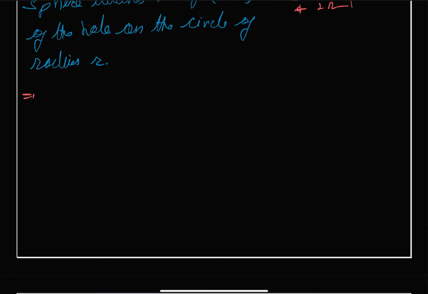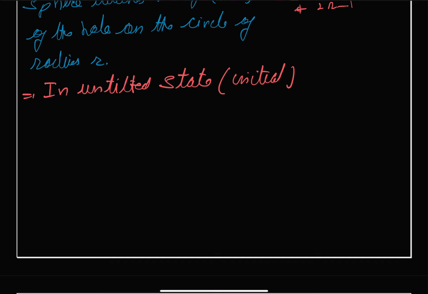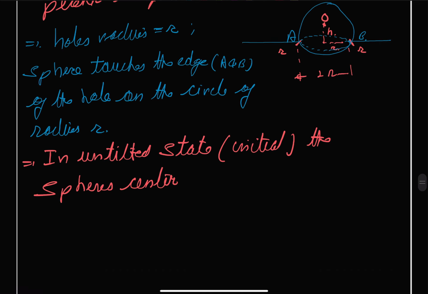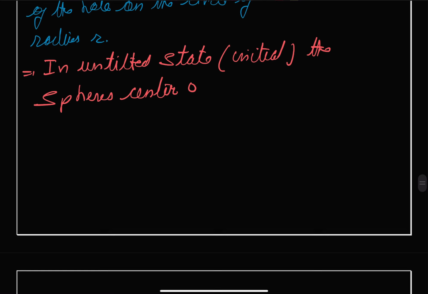Therefore in the untilted, or initial, state, the sphere center, let us call this O, sphere center O, we can write its coordinates as 0, 0, h.